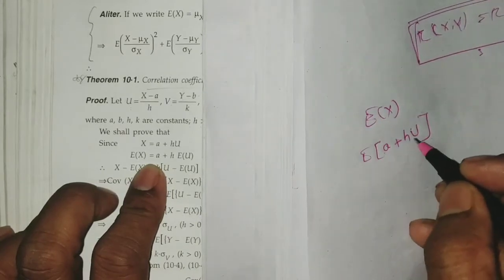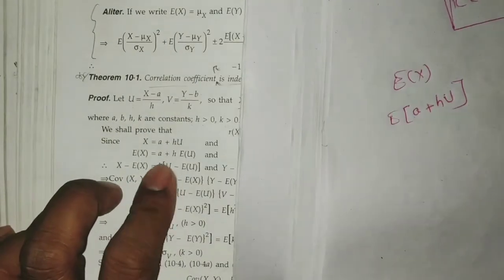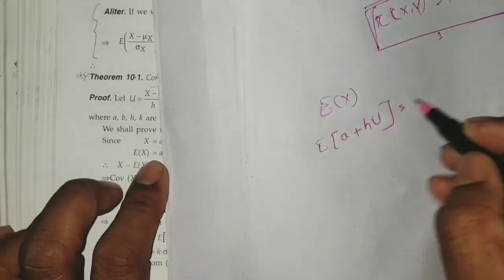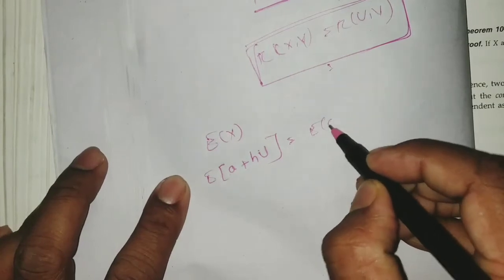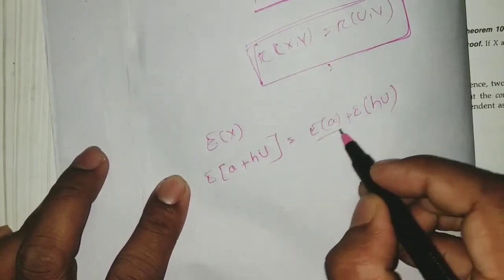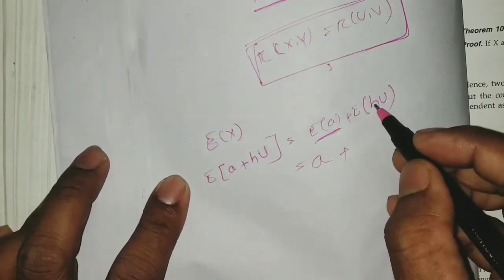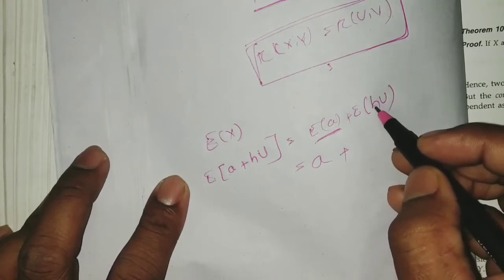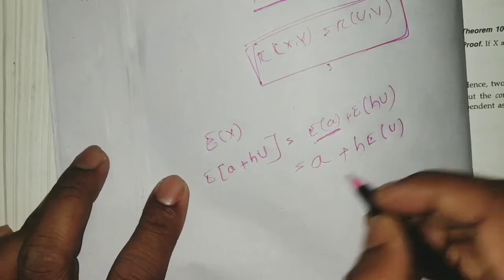So here a and h are both constants. So the expectation of x will be equal to how much? This can be written as the expectation of a plus the expectation of hu, and we know that the expectation of a constant is nothing but that constant, and h is a constant, which can be taken outside, so h times the expectation of u can be written.